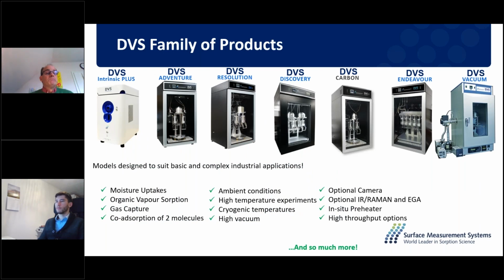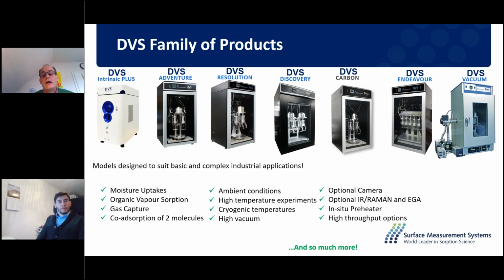So for DVS, you see here a range of DVS instruments, depending on the vapors you are using. If you're using water vapor, organic vapors, or if you're doing gas capture, you have a different system which works at different conditions. You can go to high temperature, you can go to low temperature.